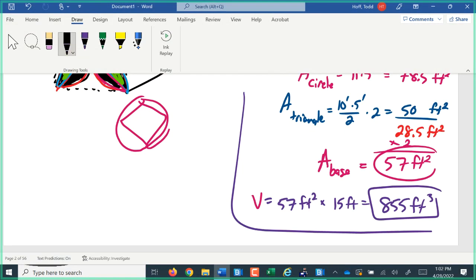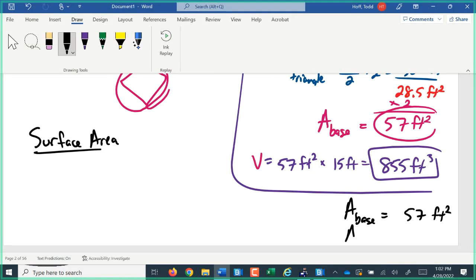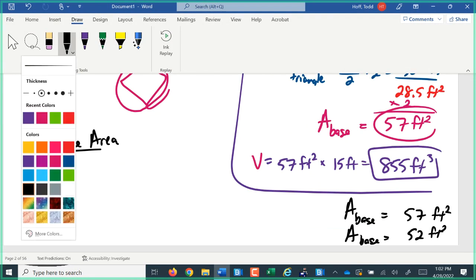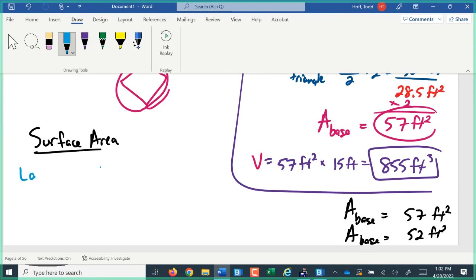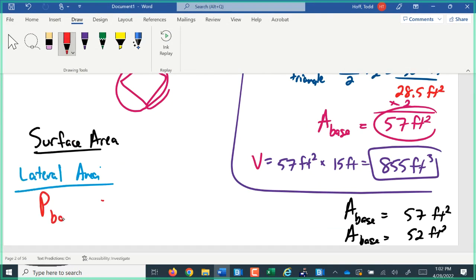Surface area. Well, we already have the area of a base, 57 square feet. And of course the backside's also there, so that's also 57 square feet. We need the lateral area. The big thing is the perimeter of the base.